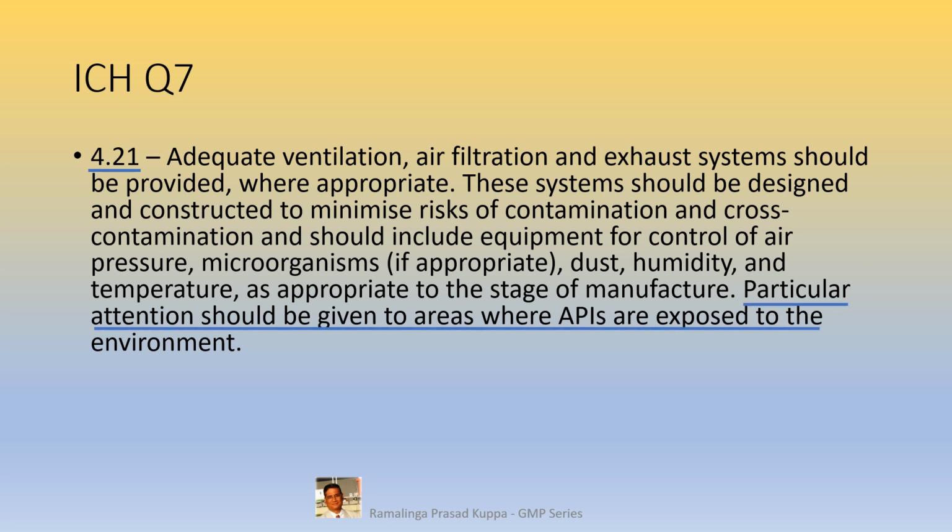Particular attention should be given to areas where APIs are exposed to the environment. So in this section, the intent of API being exposed to atmosphere is explained. All the requirements that were discussed earlier are valid here too.